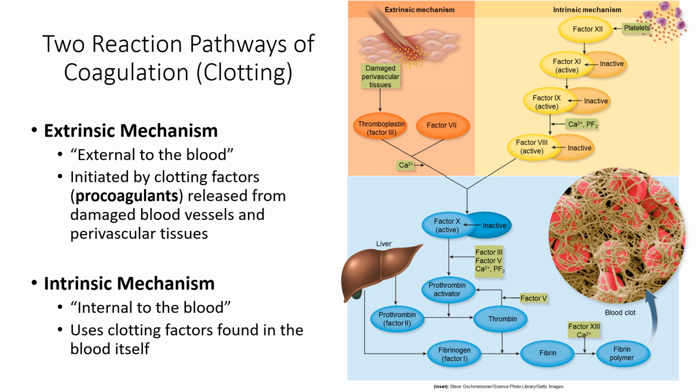There's at least 30 chemical reactions in it. I'm not expecting you to memorize all of this reaction. I want you to understand and remember certain parts of it. One of the first things I want you to remember is that there's two different mechanisms. There's an extrinsic mechanism and an intrinsic mechanism.